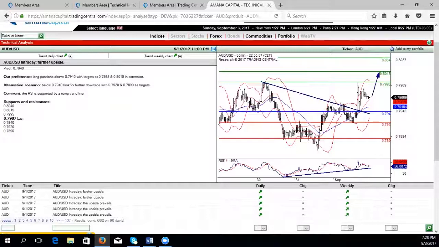However, if the market for some reason breaks below the blue line, then you should consider selling, and these two can be the target or take profit for short entries. Okay, so this is how simply you can read signals from the Trading Central resource.